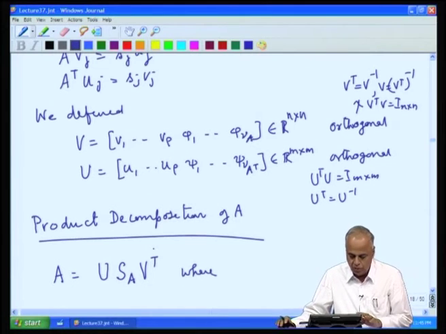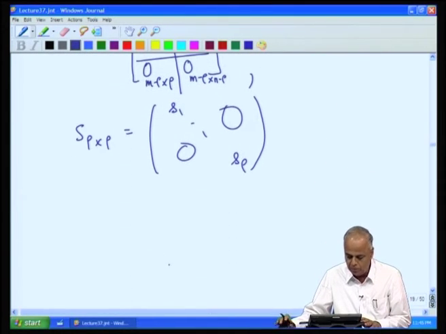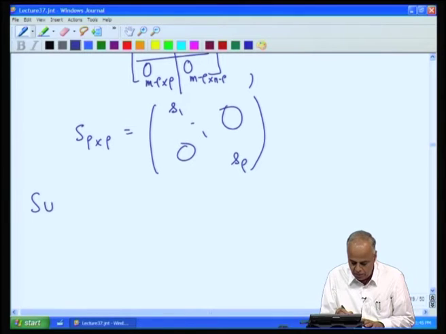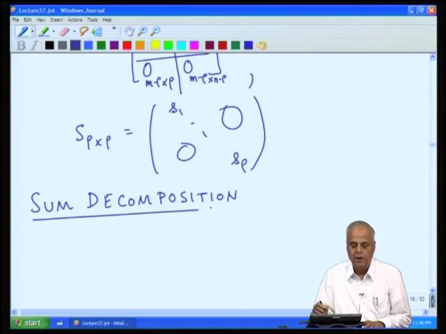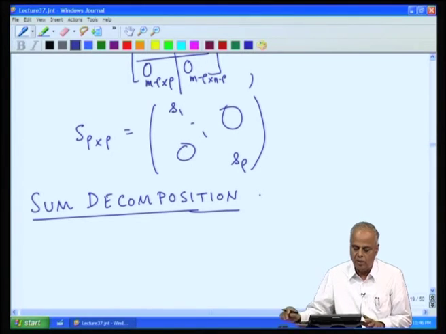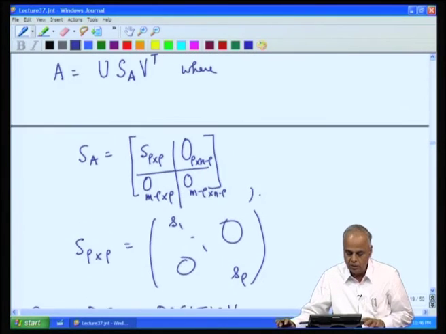So, the first thing that we had was the product decomposition, then we had the sum decomposition. These are the SVDs. When we say decomposition, we mean the singular value decomposition. Since the diagonal entries are the singular values here, we call it the singular value decomposition.